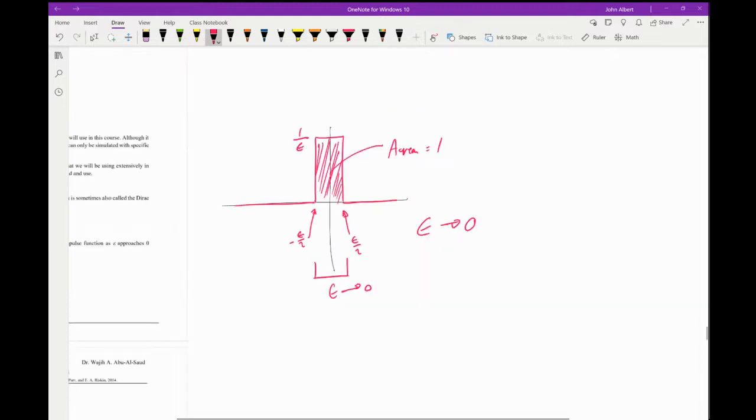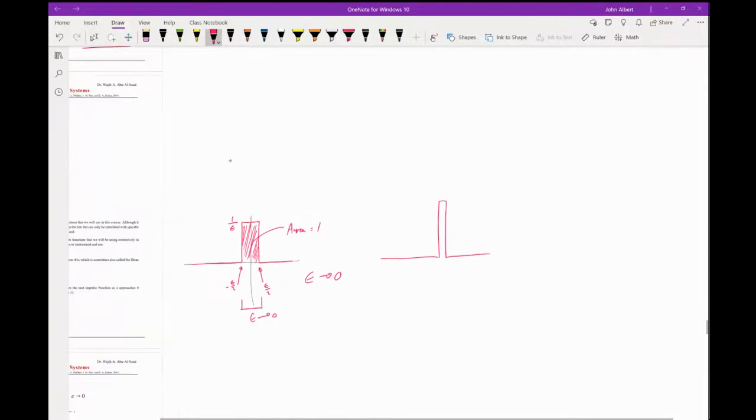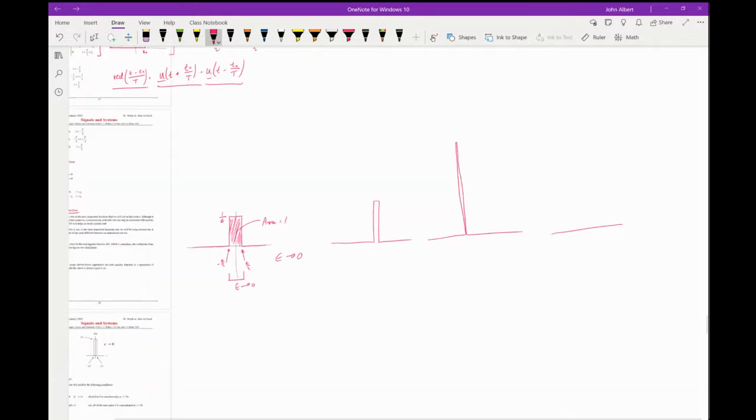So think of it this way, if you reduce epsilon to 1/2 of its current width, this is what you'll end up with. If you reduce it more, it becomes like this. If you reduce it more, I don't know if I'm good in sketching or not, but it becomes like this.